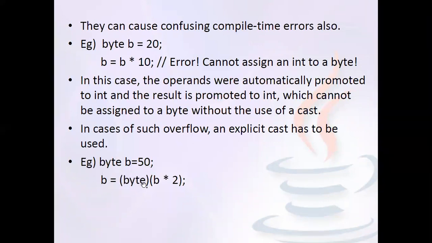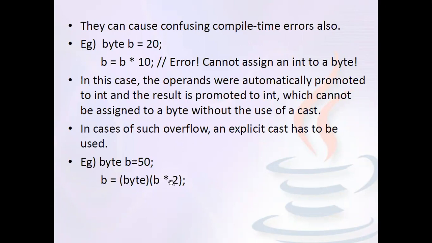Casting means within the brackets, we write the type. So this B into 2 will become 100. 100 is now of integer type because B is a byte type. It has to be explicitly cast, even though 100 is within the byte range.